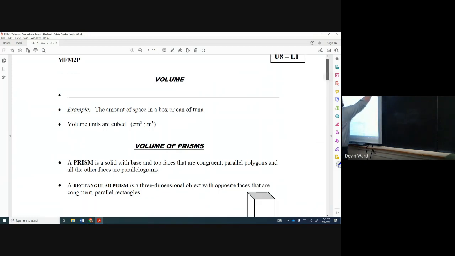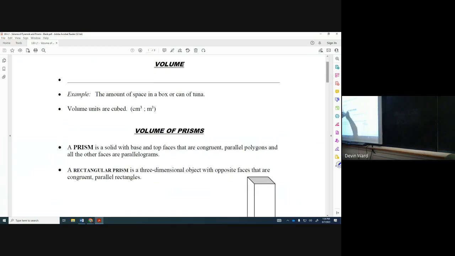But remember, volume is the amount of space something occupies.